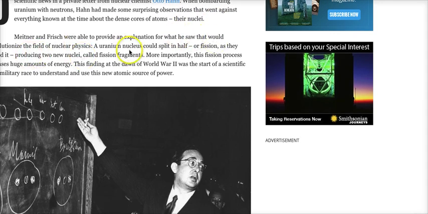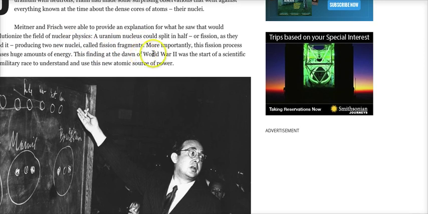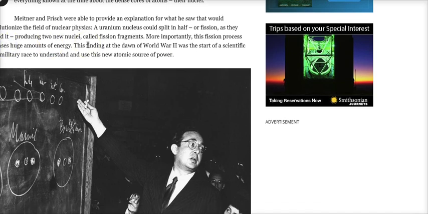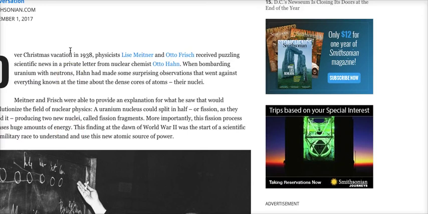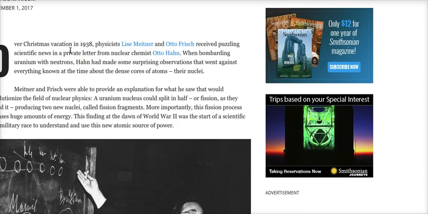Basically, they would split in half, or fission, producing 2 new nuclei called fission fragments, and this process releases a huge amount of energy, and it could be this new form of energy. They wanted to figure out how to use it for energy, but also perhaps as a weapon. Okay, so that's really what I need to answer this question.